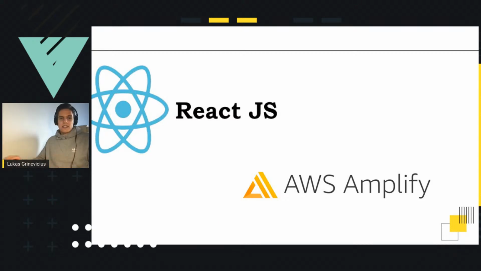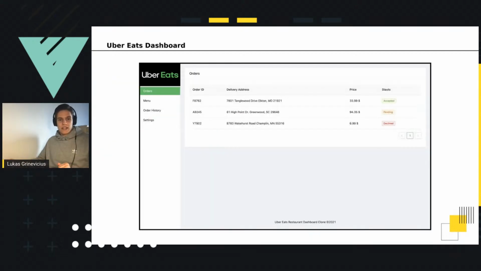So let's look at what we are going to build today. We're going to start with a simple order screen where the restaurant will see all of its orders, and be able to see all of the statuses of these orders.